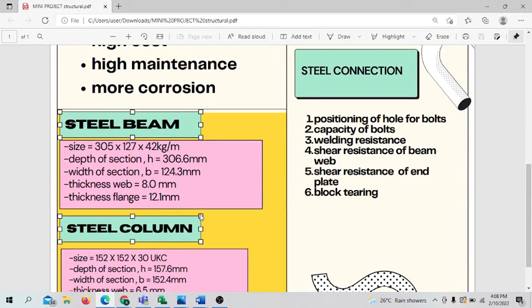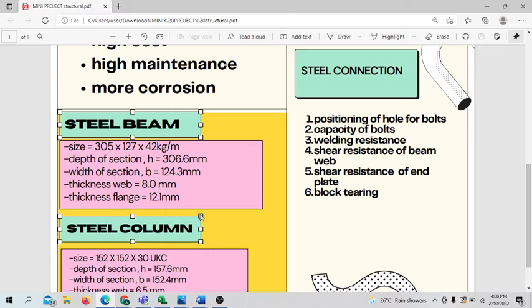Next we go to the steel beam. The design procedure for the steel beam is: first, determination of design shear force (VED) and design bending moment (MED) at the critical point. Second, selection of section.